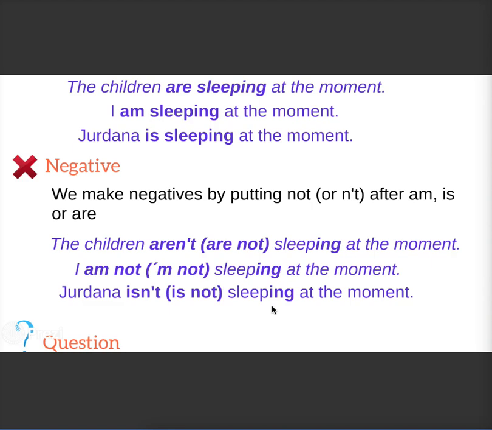Si se dan cuenta, lo único con el que no ponemos este not contracted es con el am. En este caso solo hacemos contracted en el am, pero no en el not. I'm not, I am not. But it's basically that, putting the verb to be in negative, and the other verb with ing, just ing, and that's it.